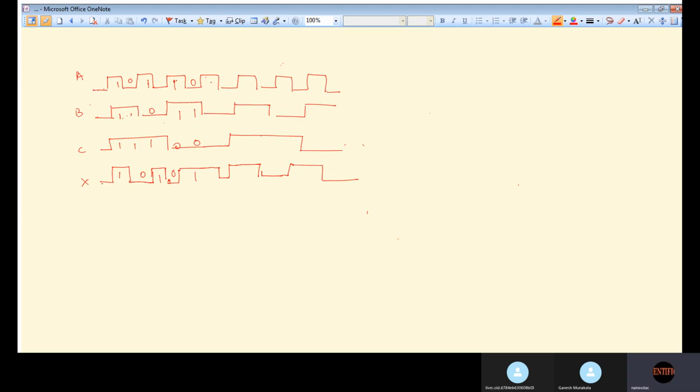So for 1 0 0, 1. Okay, so this type of logic, it is neither a 3 input gate, so which gate is it?